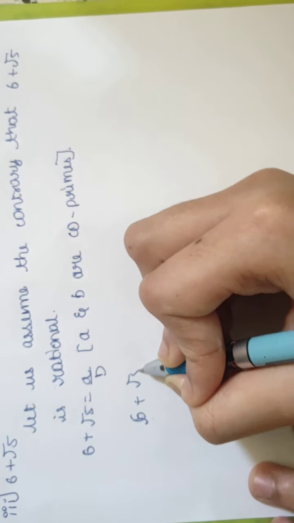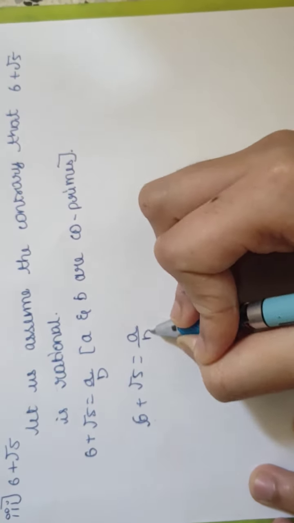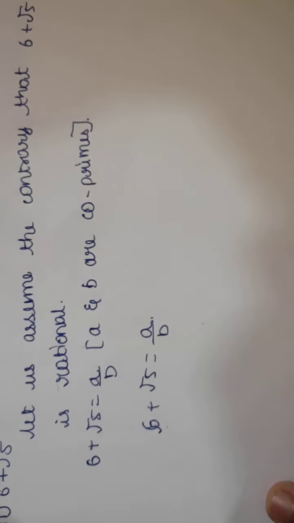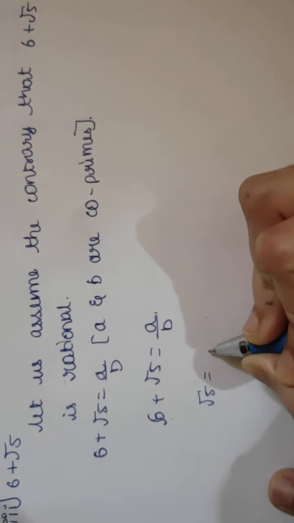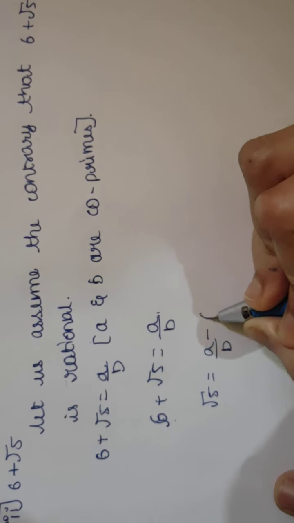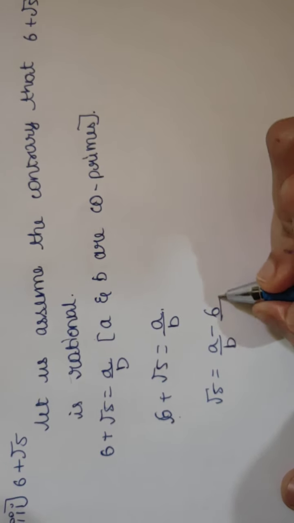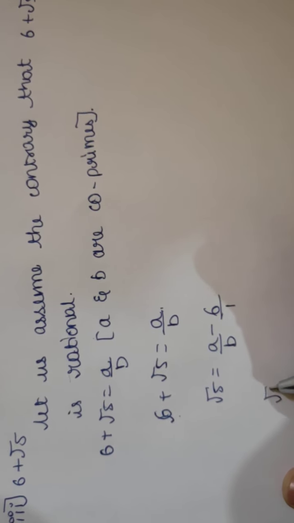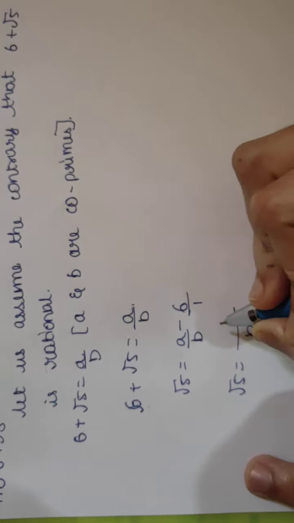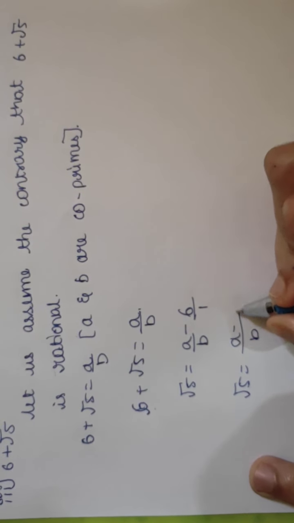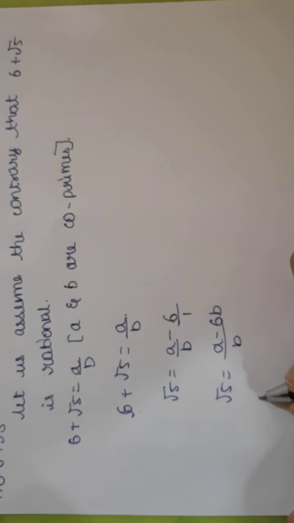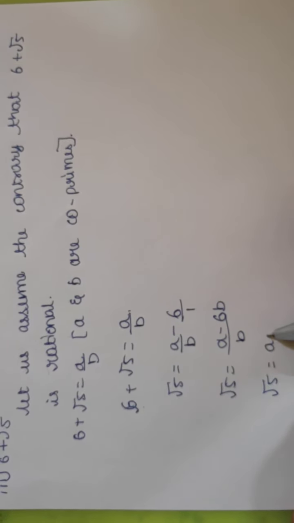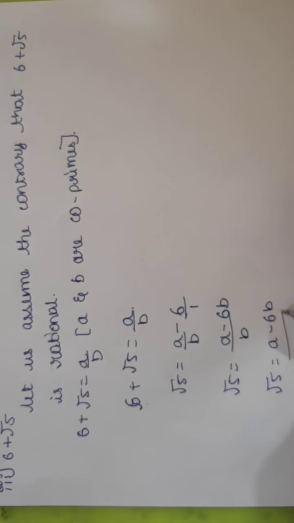And here we'll write it down, 6 plus root 5 is equal to a by b. Now this 6 will go on the other side and it will become minus. Now let's take the LCM. So root 5 is equal to a minus 6b by b.